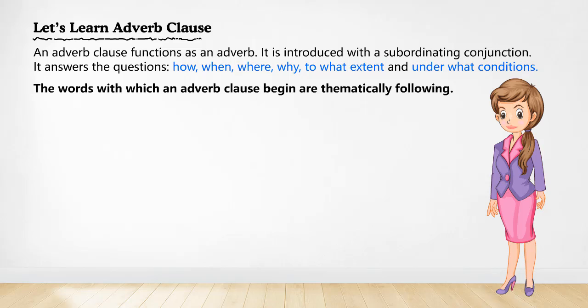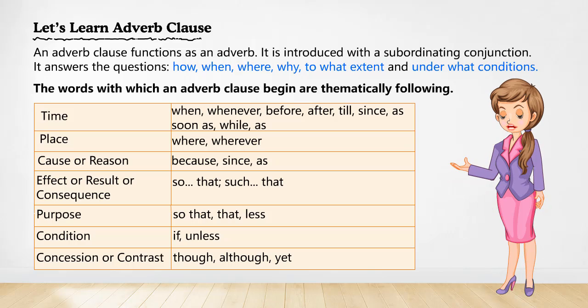The words with which an adverb clause begins are thematically as follows. Time: when, whenever, before, after, till, since, as soon as, while, as. Place: where, wherever. Cause or reason: because, since, as. Effect or result or consequence: so that, such that.